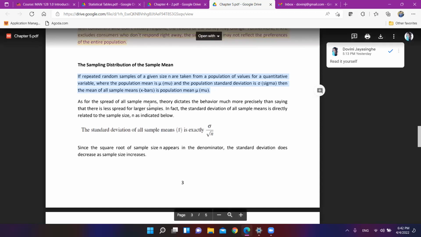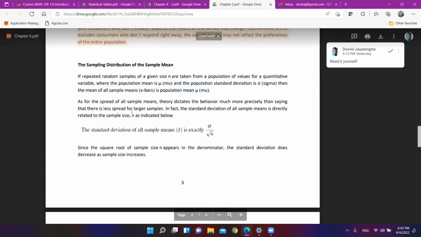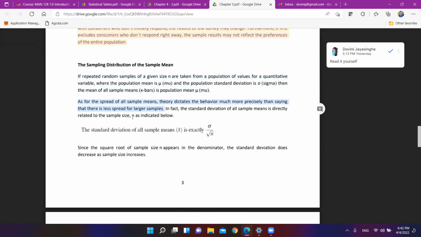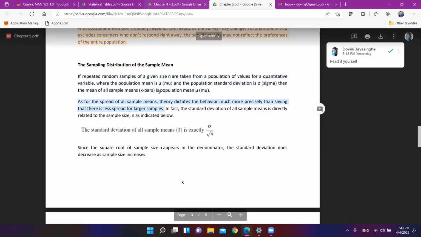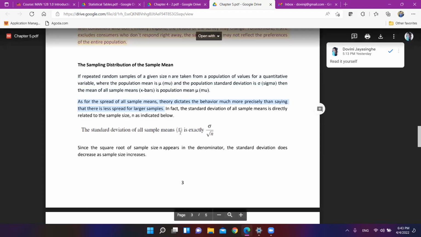As for the spread of all sample means, theory dictates the behavior much more precisely than saying that there is less spread for larger samples. අපි sample size එක ලොකු කරන්න spread එක අඩුයි කියලා පෙනේ. ඔයාලා මේ experiment එක මිලියන එකකට කරලා බලන්න. ඔයාලට යම්කිසි spread එකක් එනවනේ x bar ට, right? ඊට පස්සේ බිලියන එකකට කරලා බලන්න. තවත් spread එකක් එනවා x bar ට.